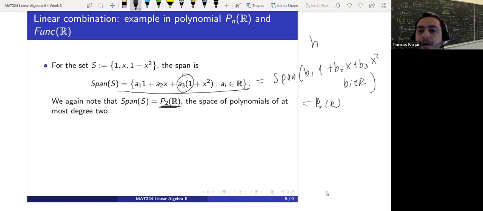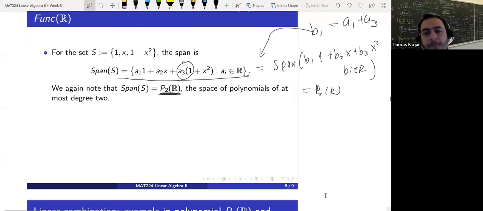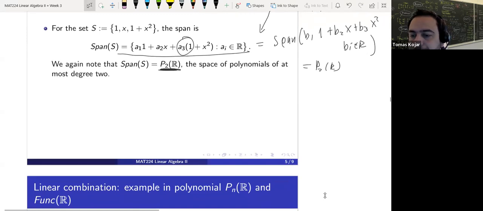And here b1 is equal to a1 plus a3, if you like. So many times you will have some vectors that are not in standard form, but they still give you the full space. Okay, questions?